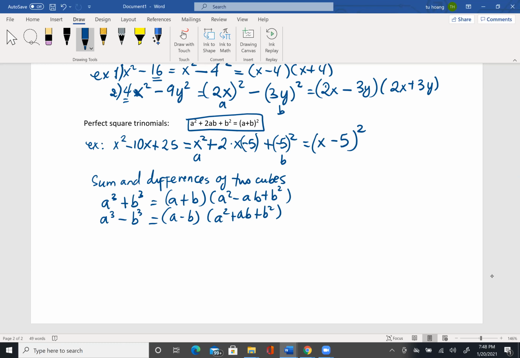So you just apply the formula, okay? We don't have to go over an example because I don't think this is really important.